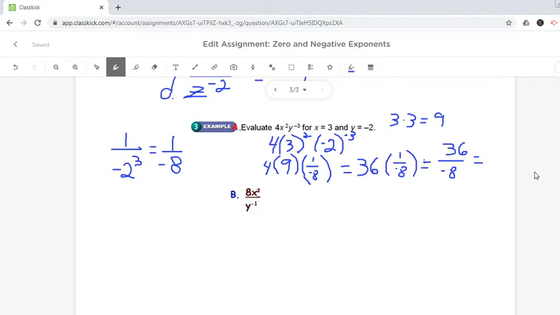And 36 divided by negative 8 equals negative 4.5.